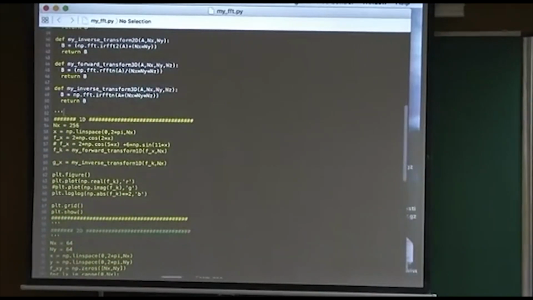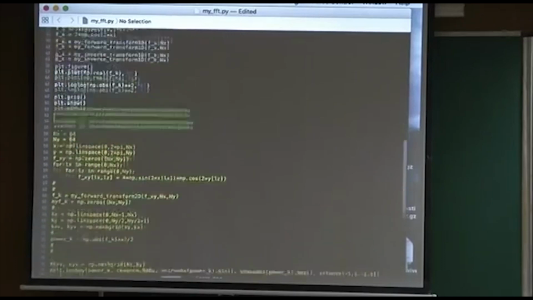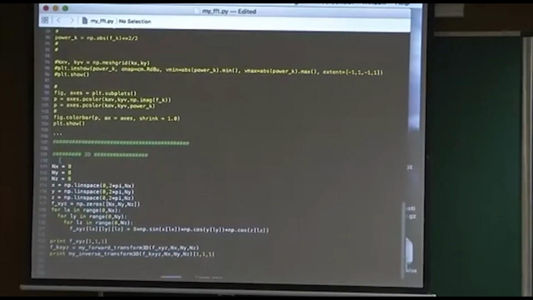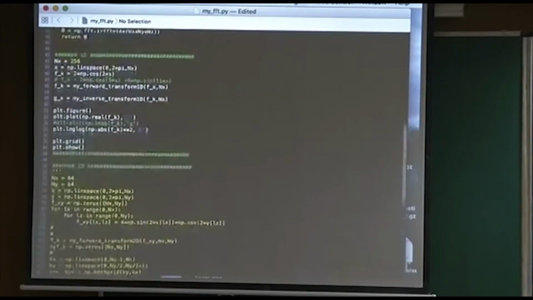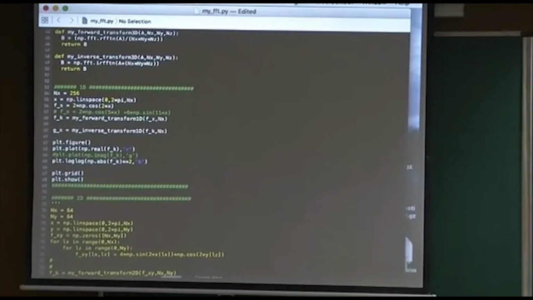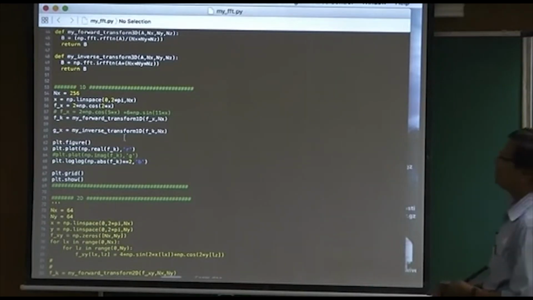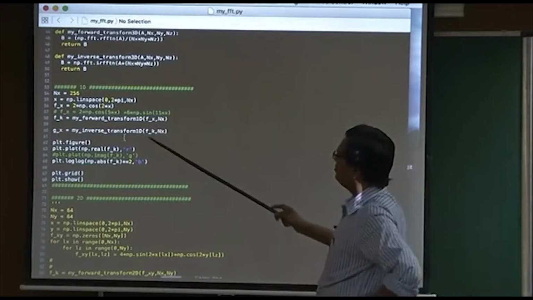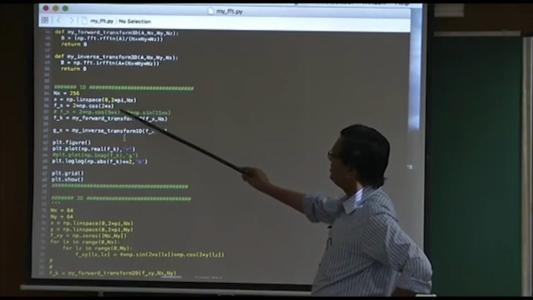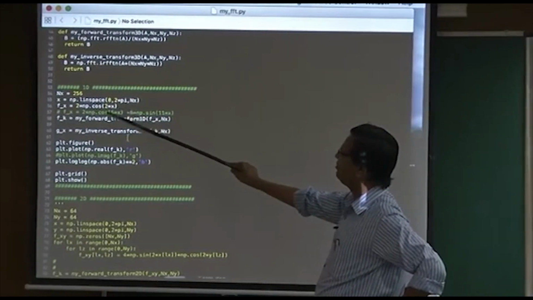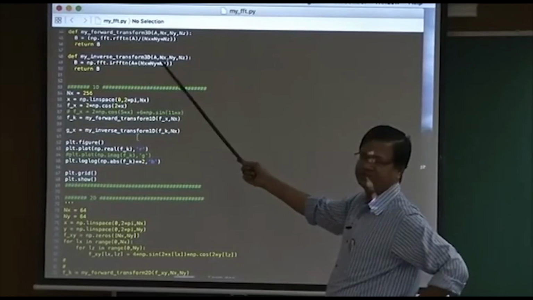So, let us look at 1D first. So, I am commenting this part. Okay. So, for 1D I define the size 256 and my function is 2 cos 2x.